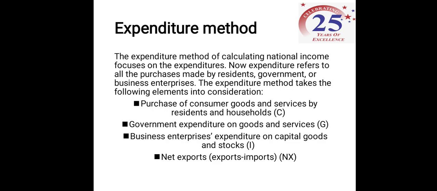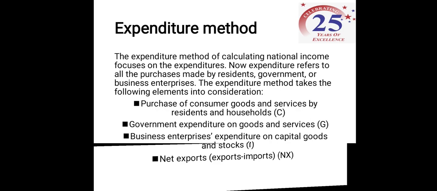The expenditure method takes the following elements into consideration: purchase of consumer goods and services by residential households, which is denoted by C; government expenditure on goods and services, which is denoted by G; business enterprises expenditure on capital goods and stock, that is denoted by I; net export minus import, that is denoted by NX.